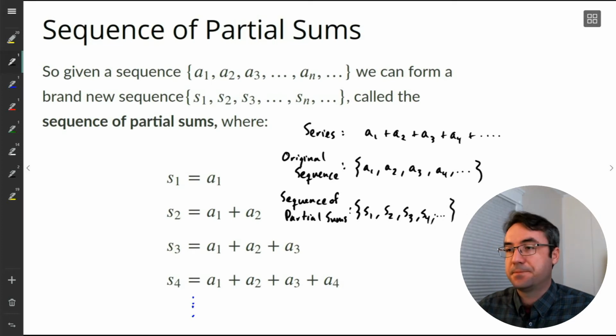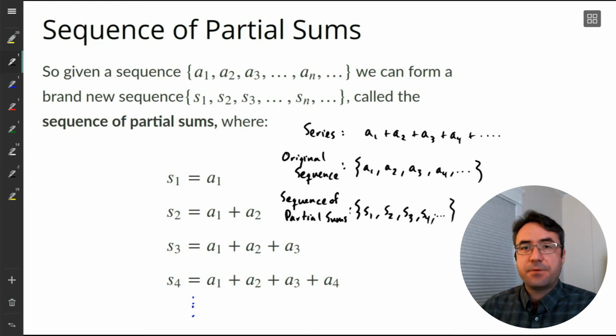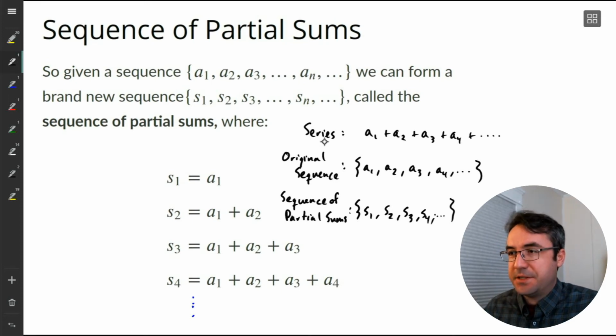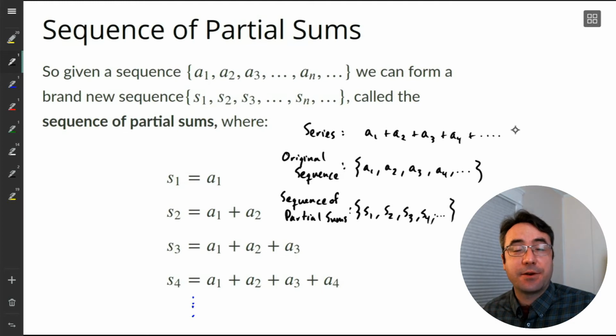And it keeps going. So when we talk about series and partial sums, there are three different related topics that we're discussing. There's our infinite series, which is what we get when we try to add all the terms together. There's our original sequence, which is just the list of all those terms. The series is when we actually try to add them all together.